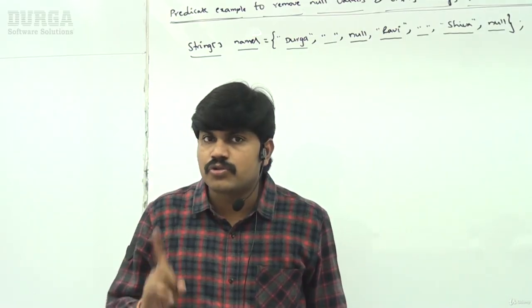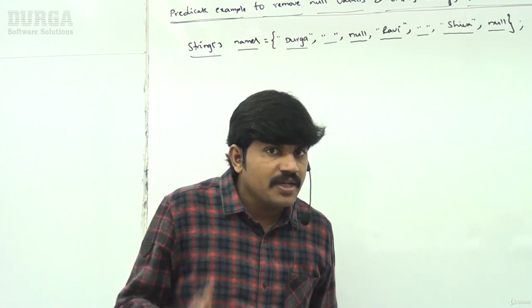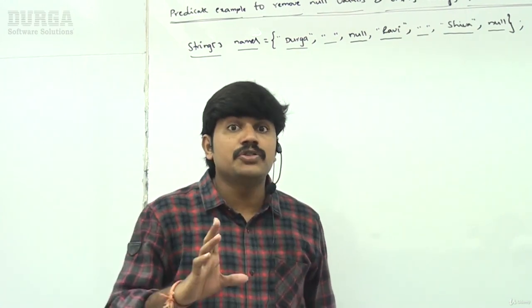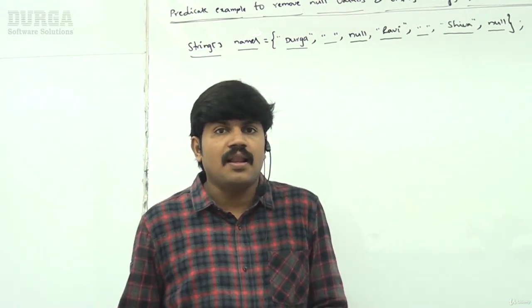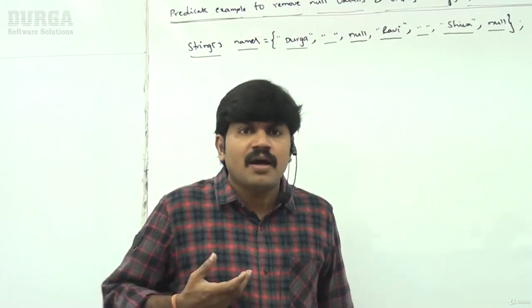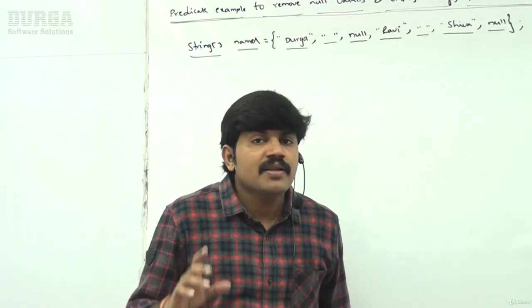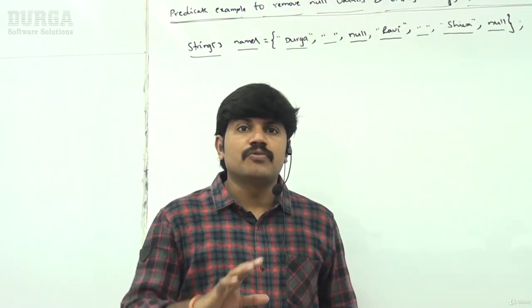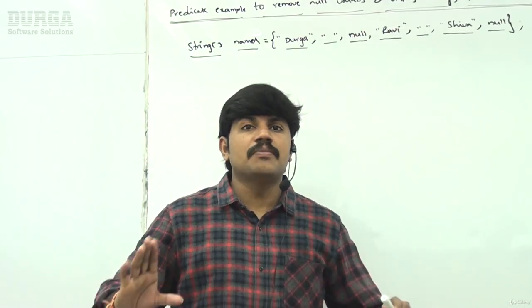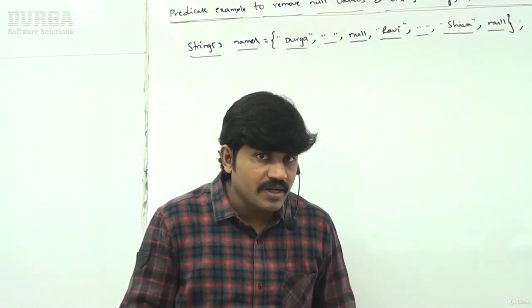So my string should not be null and my string length should not be 0. If it is null or its length is 0, I can't use it. That's why write a predicate to check whether the string is valid, which is not null and not an empty string.